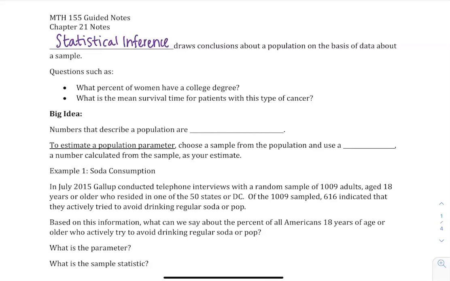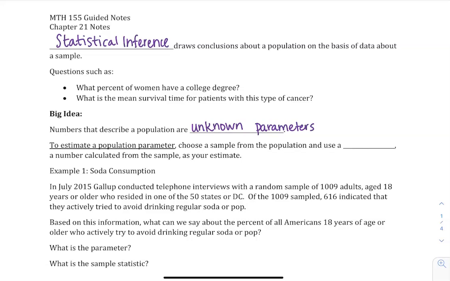So we have to look at this from a big idea, where the numbers that describe a population are unknown most of the time. These are going to be unknown values, and we call them parameters.